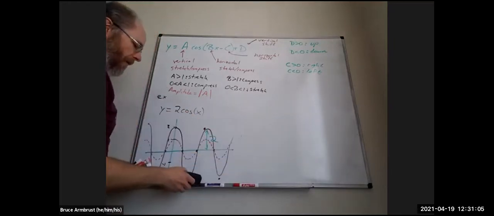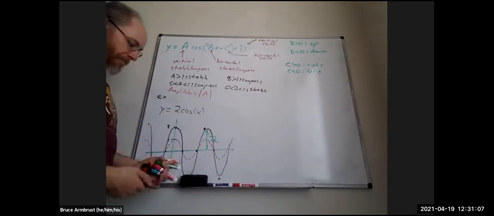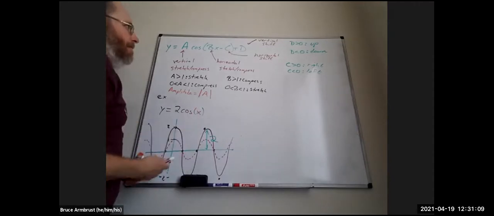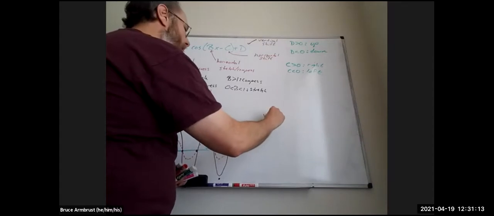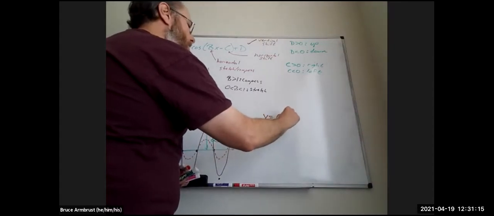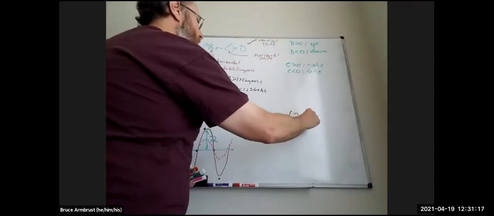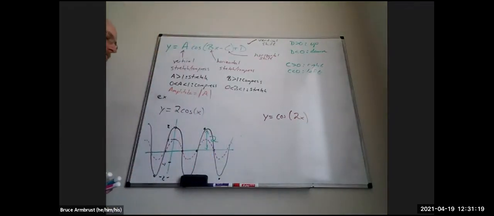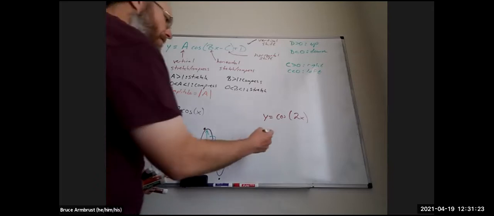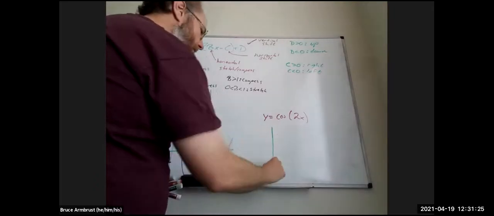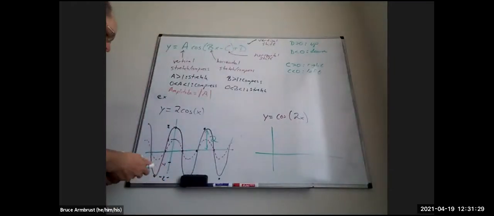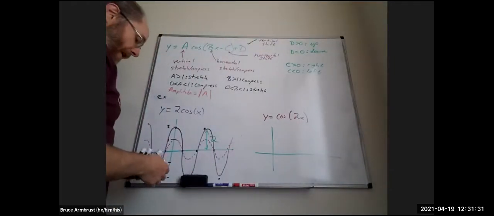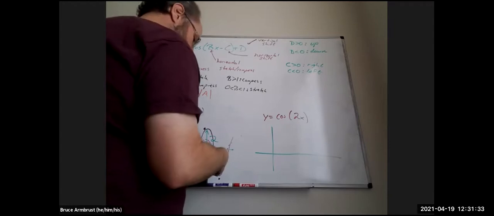All right, so let's put in a B. Let's see what happens when we've got some sort of a B here. So let's go with y equals cosine of 2x. I'm going to do the same thing. Let me draw a graph of regular cosine first, and then we'll see what happens when we put in that 2.